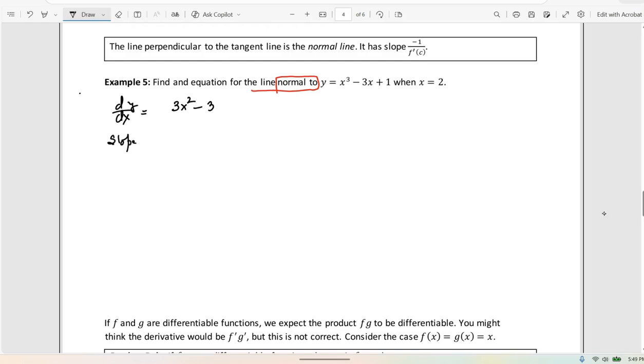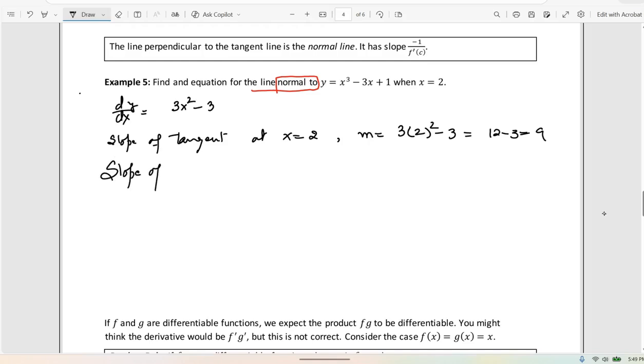Okay. So the slope of the tangent at x equal to 2 would be found by putting 2 in here. 3 times 2 squared minus 3. 3 times 4, 12 minus 3. The answer is 9. But slope of the tangent, that's not what we need.